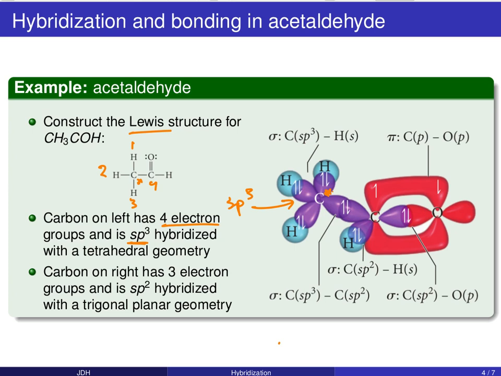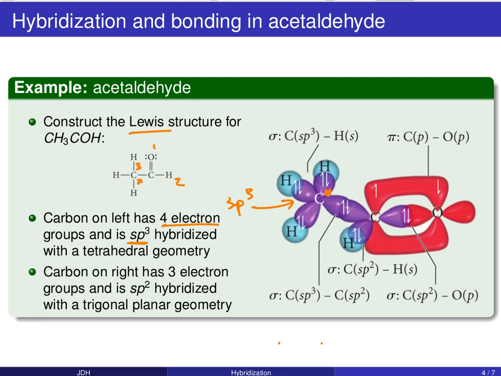Okay, and those sp3 orbitals are then interacting with a variety of different orbitals and forming the various bonds. We'll come through at the very end and add in all those bond types. Before we do that, let's jump over to this second carbon atom and take a closer look at the carbon atom here without the star on it. And of course, this carbon atom has that double bond to oxygen, and so it has a total of 3 different electron groups: 1 double bond to oxygen, a single bond to hydrogen, and then another single bond to the remaining carbon.